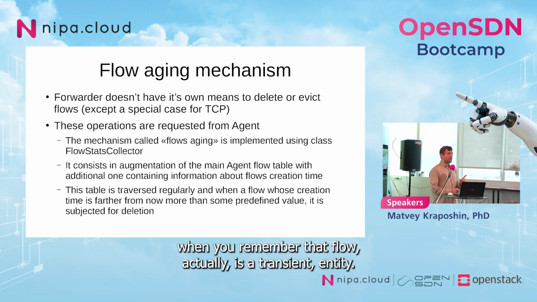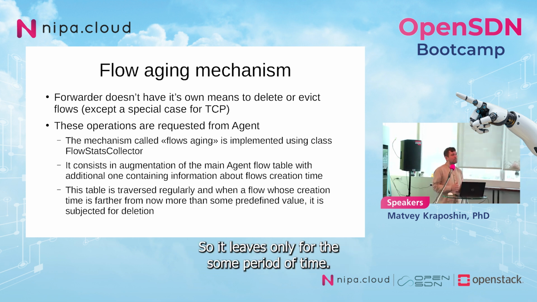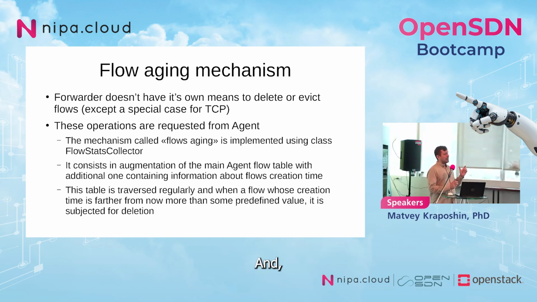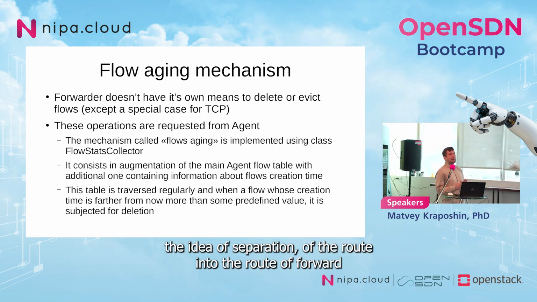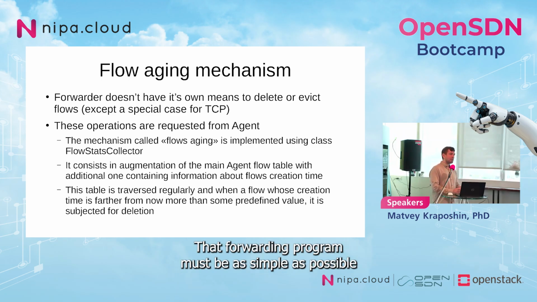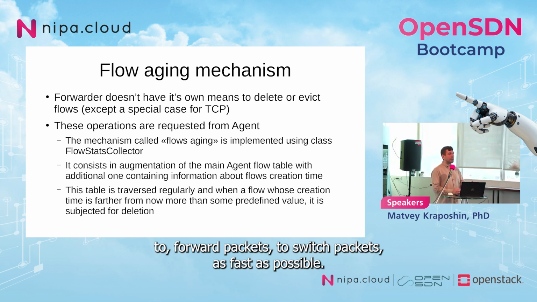But we remember that flow actually is a transient entity, so it lives only for some period of time. This is an important part of the flow definition. And the idea of separating vrouter into vrouter forwarder and vrouter agent roots from the simple consideration that the forwarding program must be as simple as possible to forward packets, to switch packets as fast as possible.